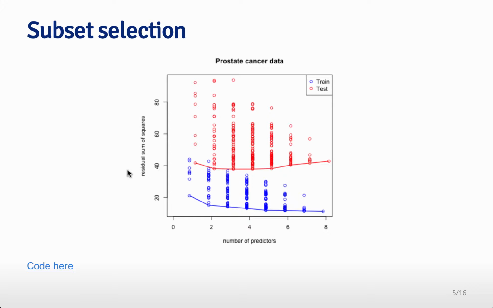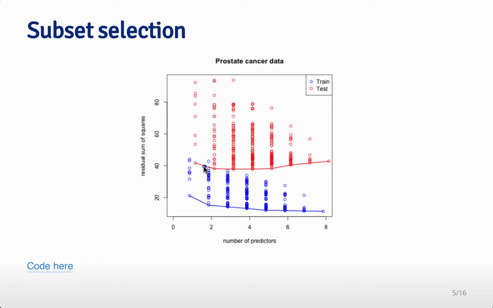Suppose we predict with all possible combinations of predictor variables. We build one linear regression model for the outcome for every possible combination of predictors. Then we can see that as the number of predictors increases from left to right here, the training set error always goes down. It has to go down. As you include more predictors, the training set error will always decrease.